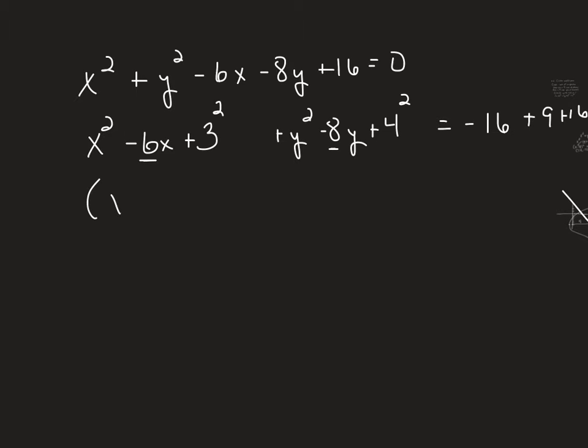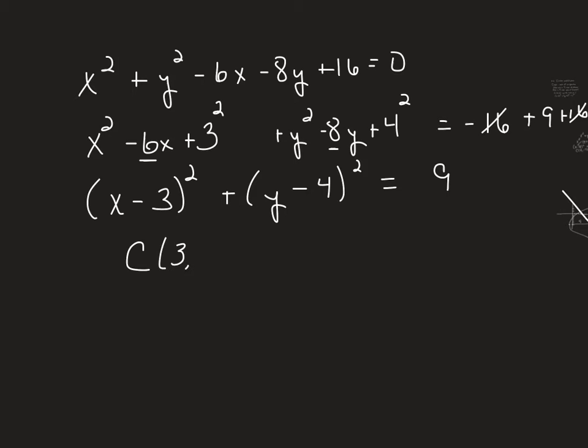So we can get (x minus 3) squared plus (y minus 4) squared equals 9. So our center is (3, 4). Our radius is 3. So this one I might be able to do a little bit better.